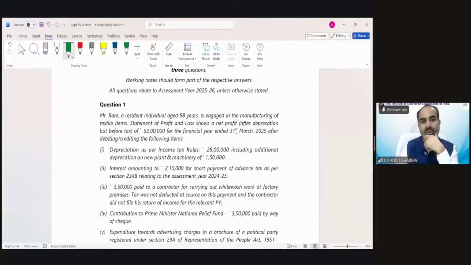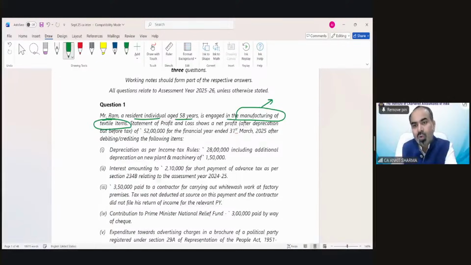Mr. Ram, a resident individual aged 58 years, is engaged in manufacturing textile items. So whenever you read this manufacturing, always write it down: additional depreciation concept could apply.